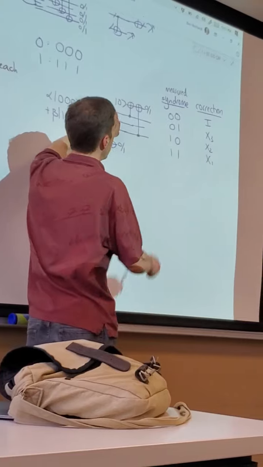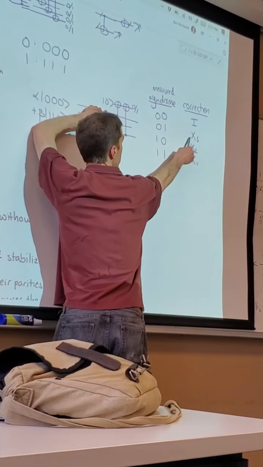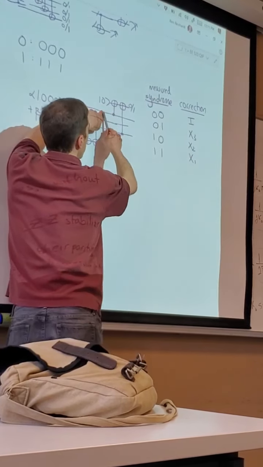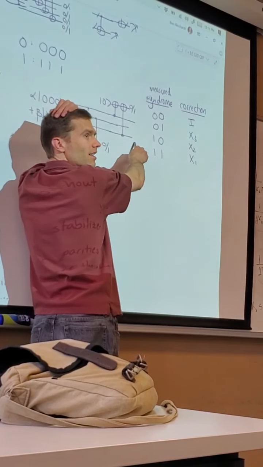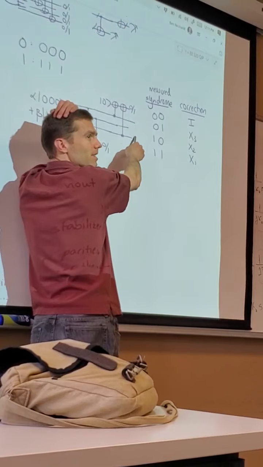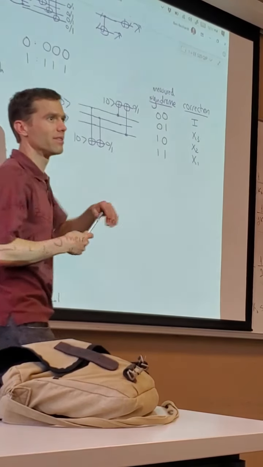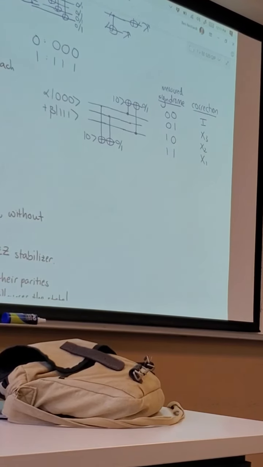So you measure 0,1, and you apply correction X3, and with the X error on qubit 1, I apply X3, so now I have X1, X3, which is a logical error up to X2. It's a weight 2 error from a single fault, so that's bad.